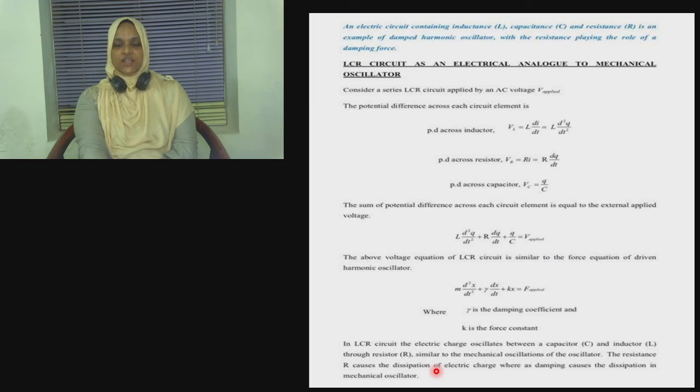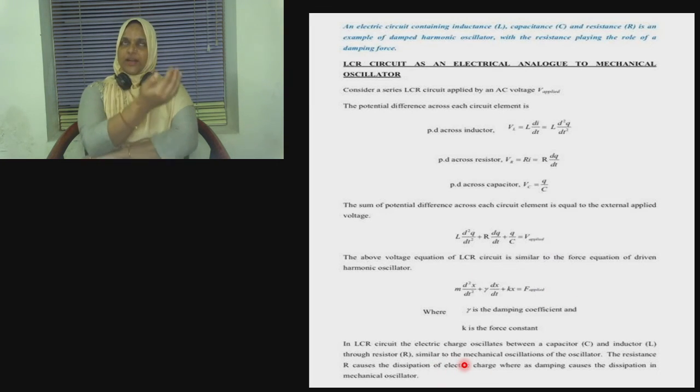In an LCR oscillator, the electric charge oscillates between the capacitor and inductor through the resistance, similar to the mechanical oscillations of an oscillator.